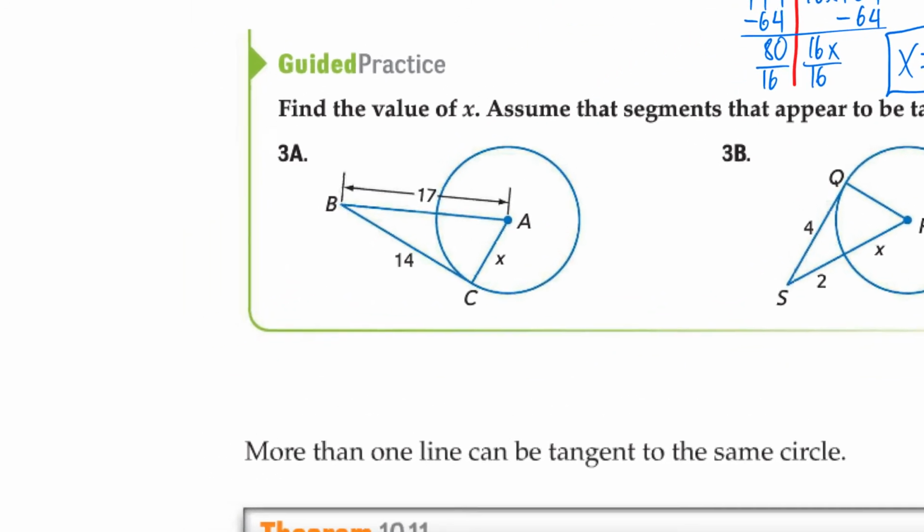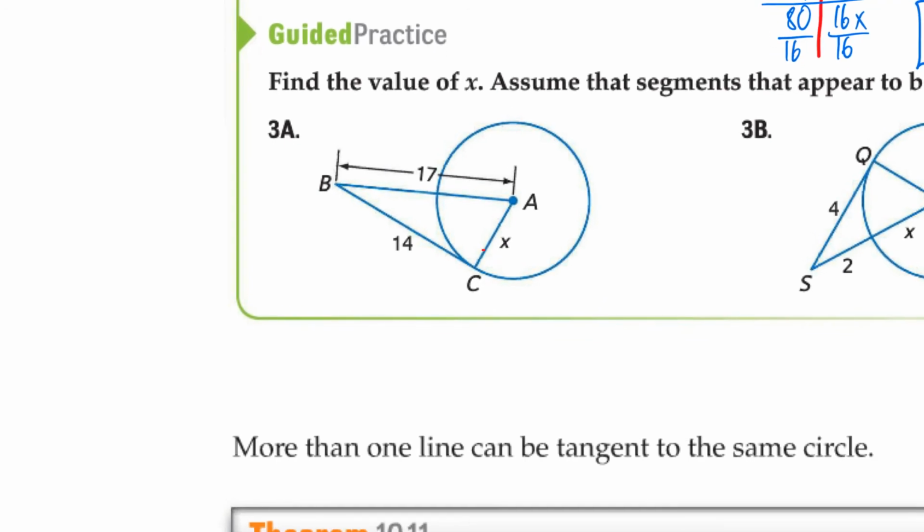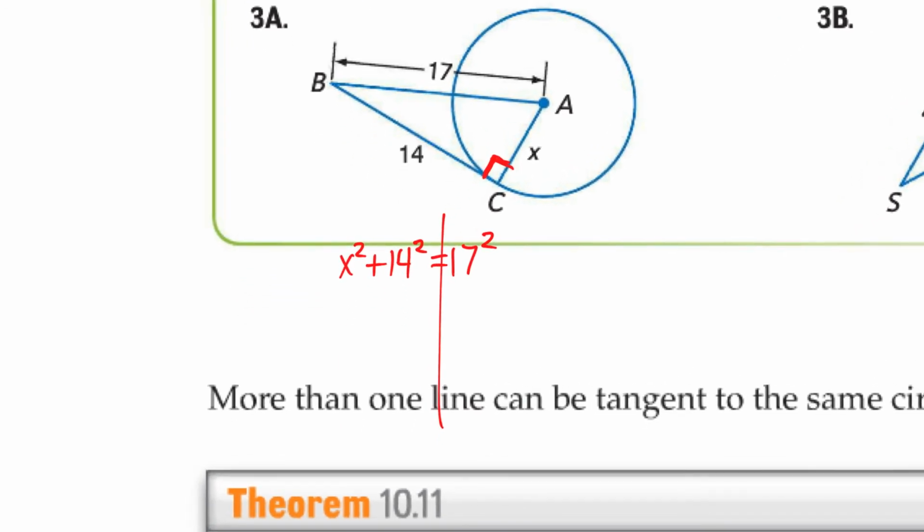Okay, anyways, next one. On this one, same thing. We're assuming that the ones that appear to be tangent are, so this is 90 degrees. So this one's a lot easier. What is the C value on this one? 17. So that's going to be my C. So we're going to have x squared plus 14 squared equals 17 squared. So x squared plus 196 equals 289.